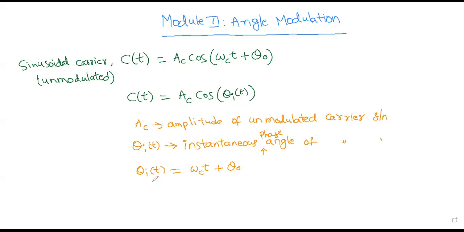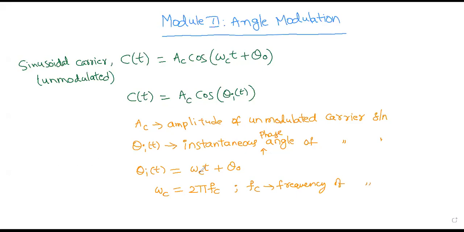Of course you know all these things, but I have to tell you what omega_c is. Omega_c is nothing but 2 pi into f_c. What is f_c here? f_c is the frequency of the unmodulated carrier signal.